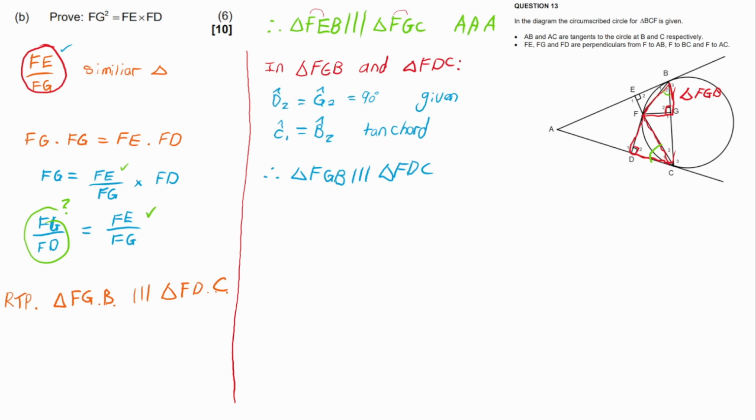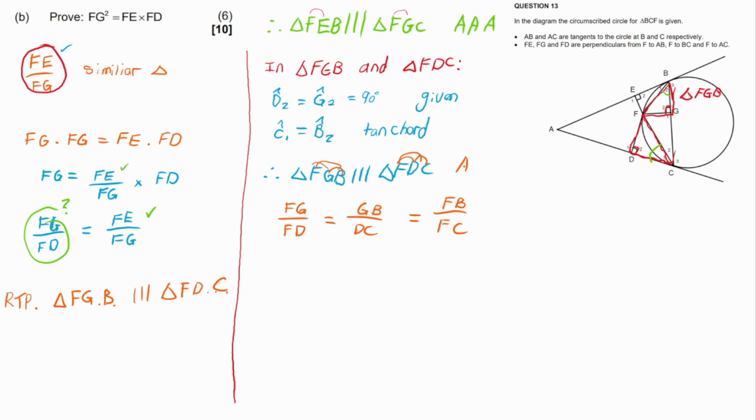So let's break down our side proportions. I know that FG over FD is equal to GB over DC, which is equal to FB over FC.